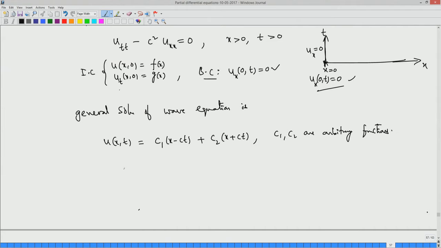If you apply the initial data, like earlier you can actually find what is your c1(x) and what is your c2(x).